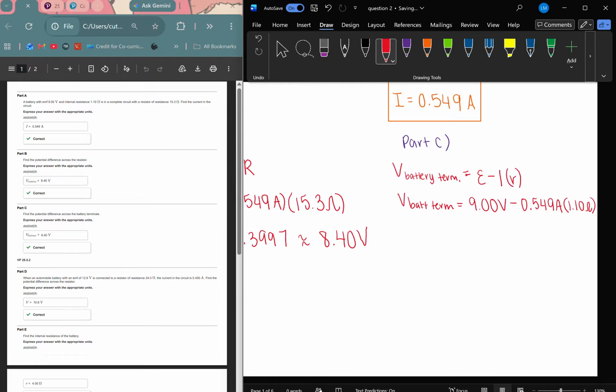So we're going to put that in the calculator. 9.00 minus 0.549 times 1.10, and I got the answer as 8.3961. We're going to round it, and we're going to get 8.40.